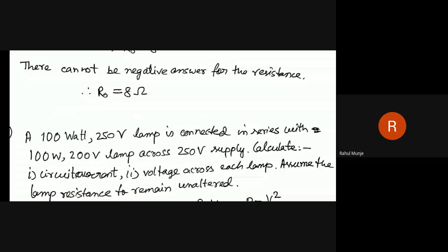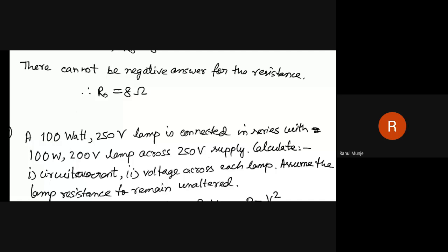These two lamps are connected in series across a 250-volt supply. Calculate the circuit current and the voltage across each of the lamps, and assume the lamp resistance remains unaltered. Means you can use the same resistance to calculate the other.